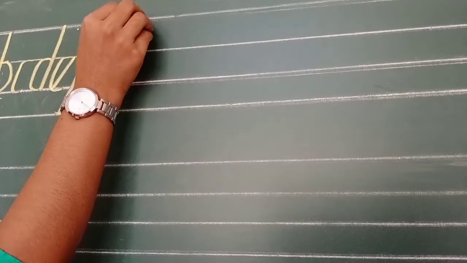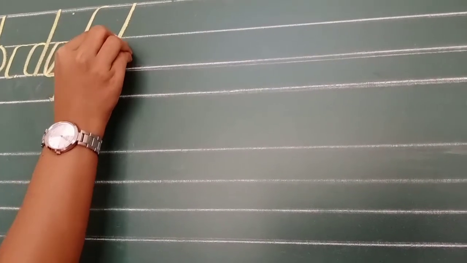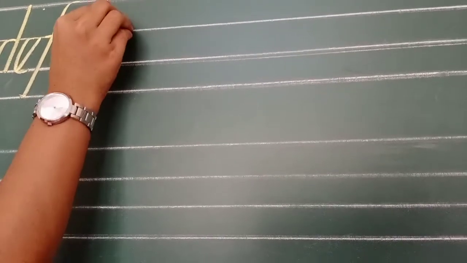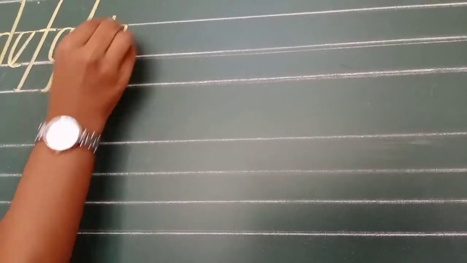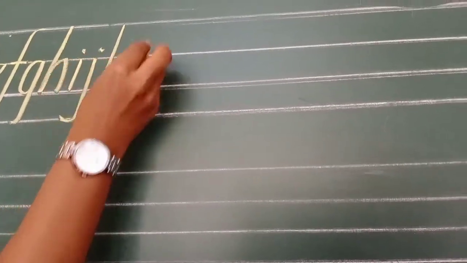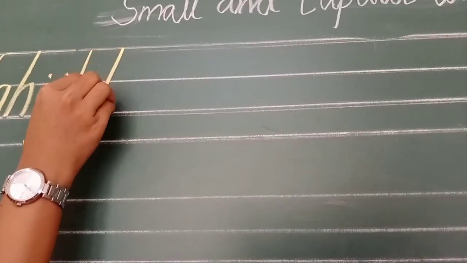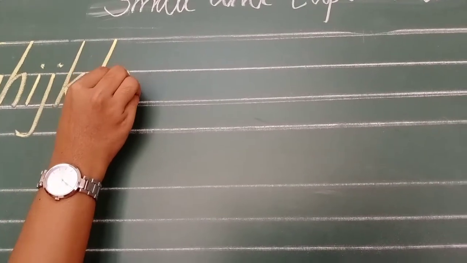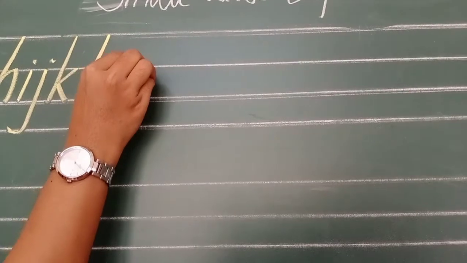Italic means you have to write with a bit of slant only. I. J. K. L. Only one line like this you should write. M. The middle line should touch the base line.